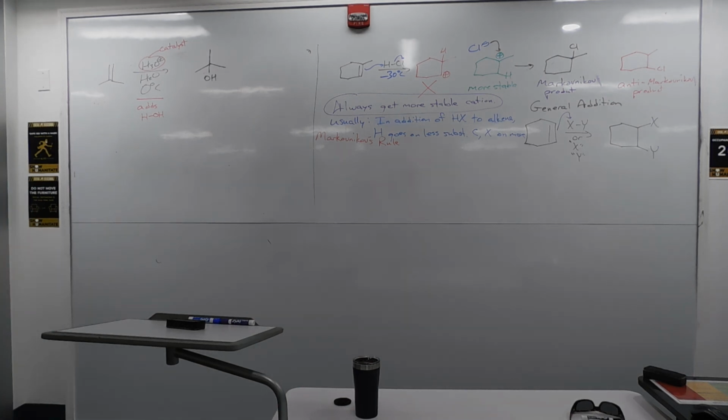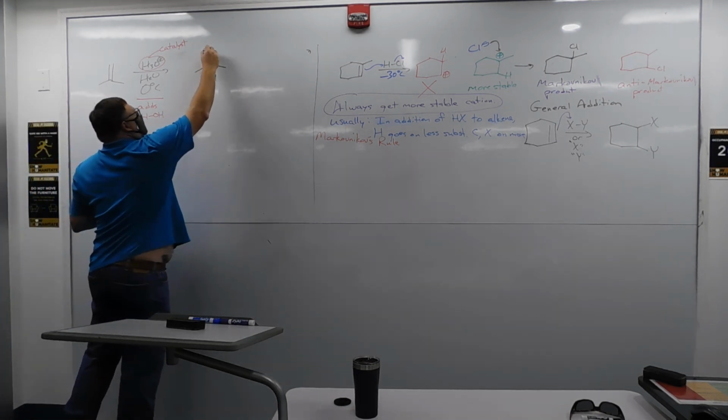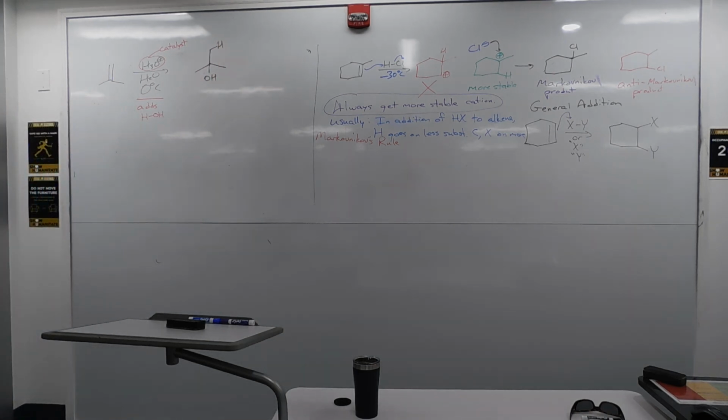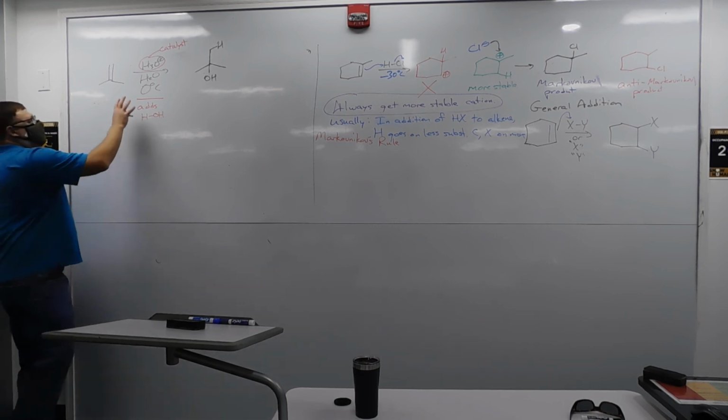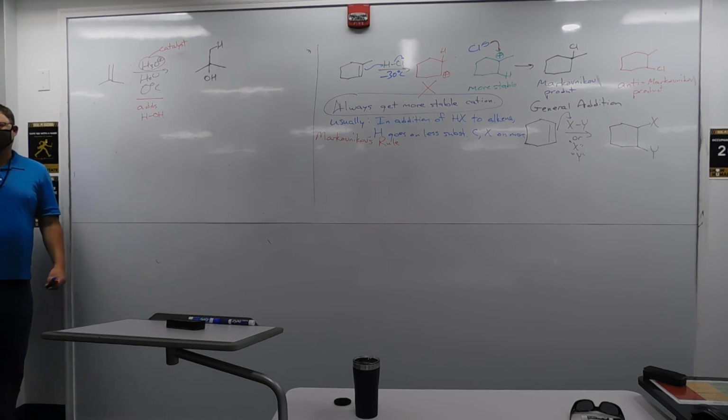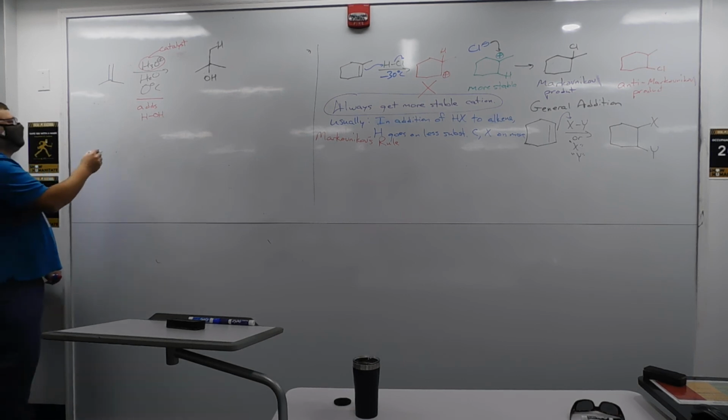So that's going to be our product. I'll draw the H in. There are obviously 3 H's up on that carbon, but one of those H's comes from the reagent. H3O+ in water is going to add water. This is an acid catalyzed hydration.